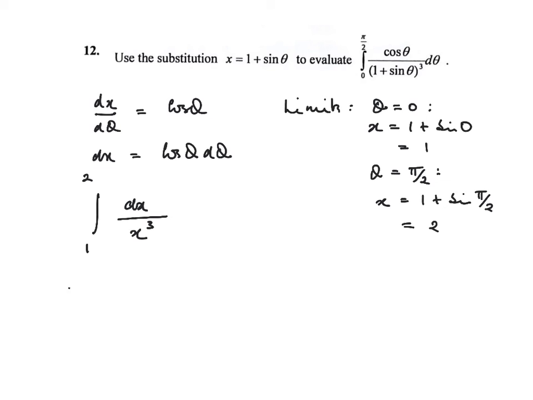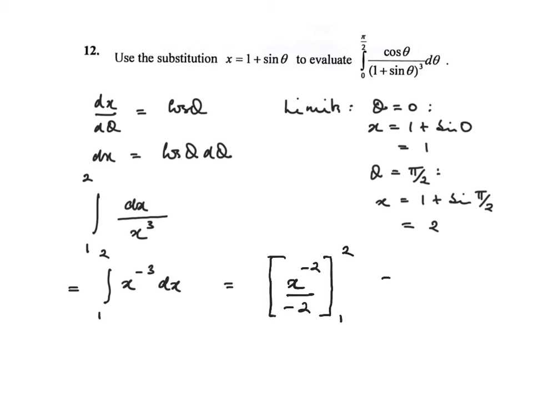This is very, very easy. The ideal problem. So it's x to the power of minus 2 over minus 2 evaluated between 1 and 2, which is, well, we might want to write it as minus 1 over 2x squared.